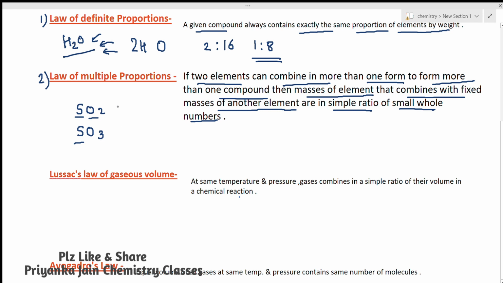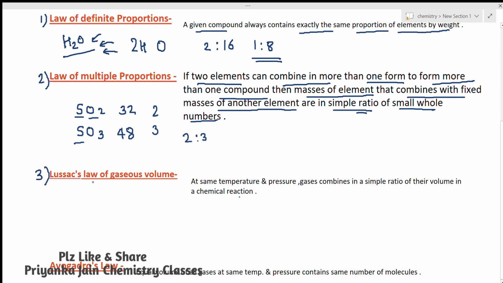Here the mass of oxygen is 32 and here it is 48, so the masses are in the ratio of 2 to 3. So this is the law: there will be a simple ratio in small whole numbers like 2 to 3. In this manner they will always combine. Now see the third law.